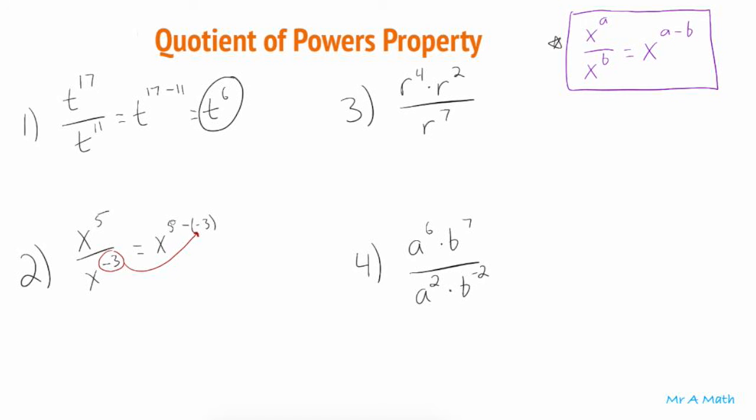Sometimes people will write just 5 minus 3 and get x to the 2nd power, but that's not correct because that's not what's happening here. Since this is to the negative 3rd, I need to subtract negative 3rd, which is just x to the 5 plus 3, which is x to the 8th power. So same property, just make sure you do not forget your negatives there.